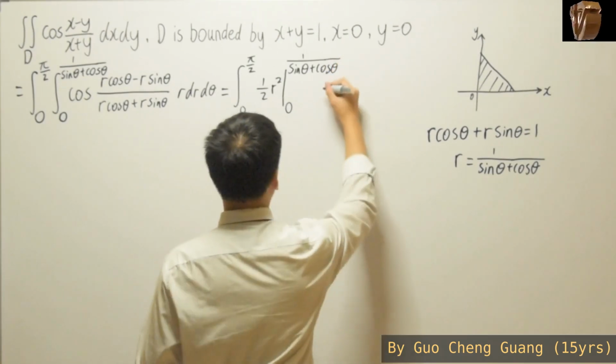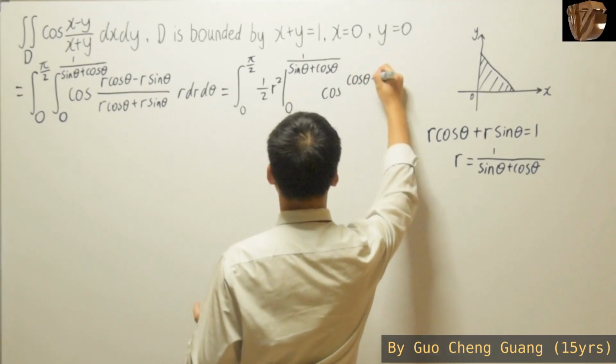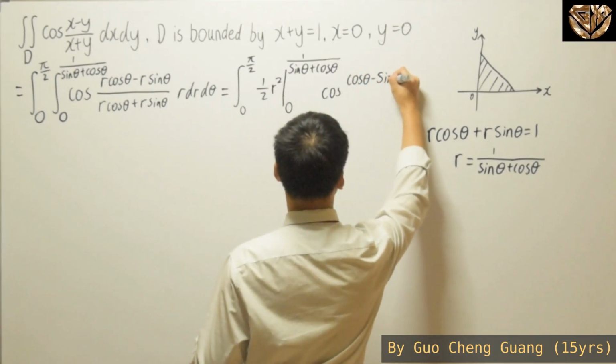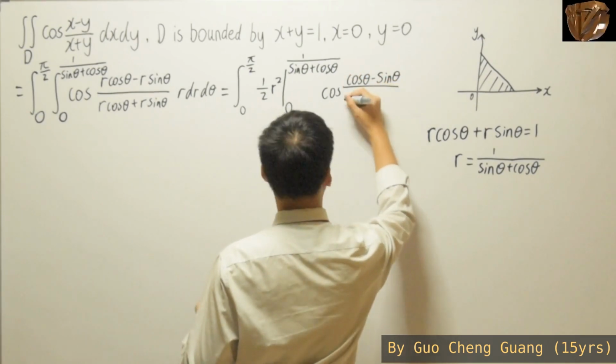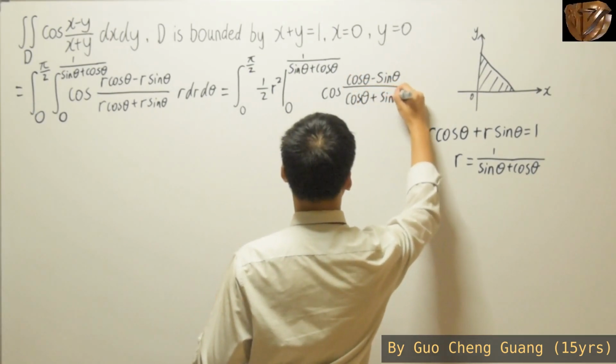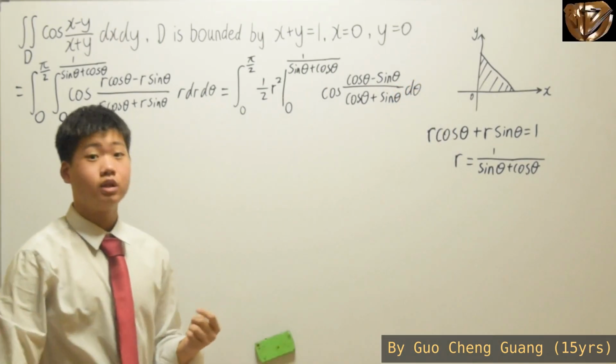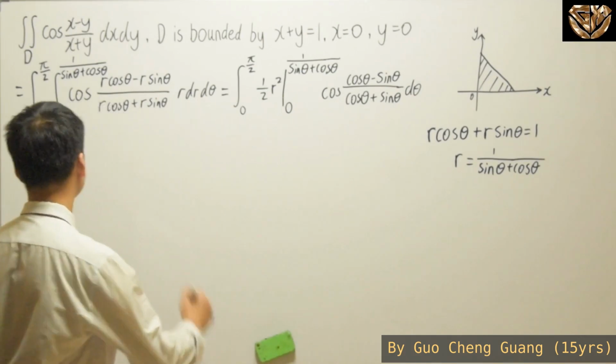Then we have cosine theta minus sine theta over cosine theta plus sine theta d theta. So this is what you are going to see.